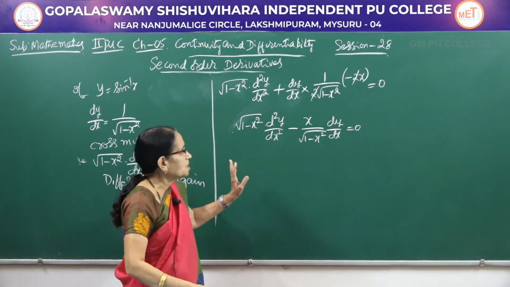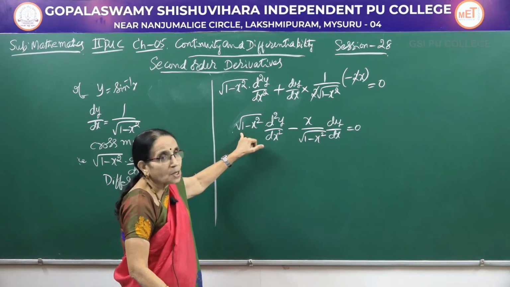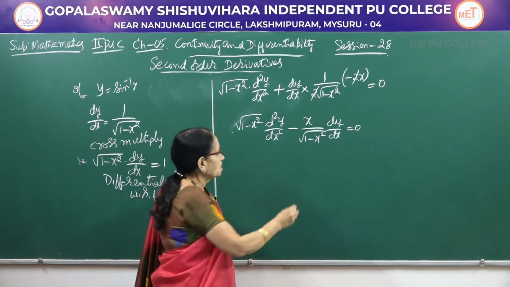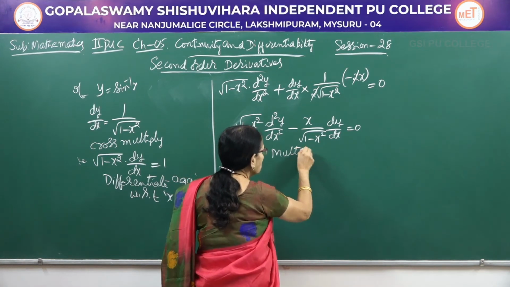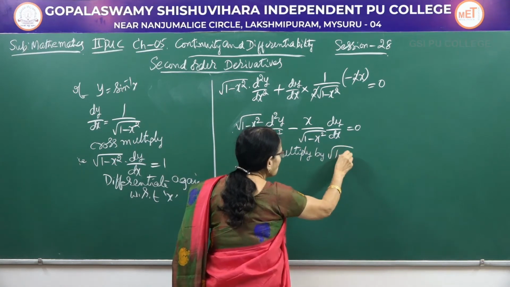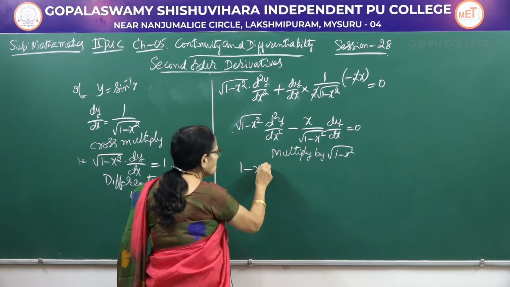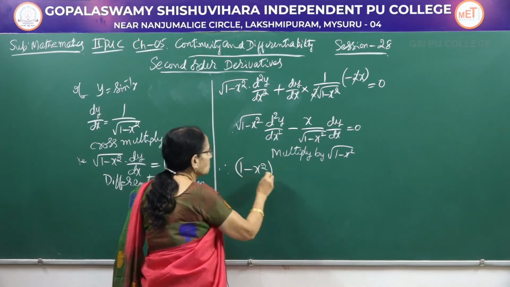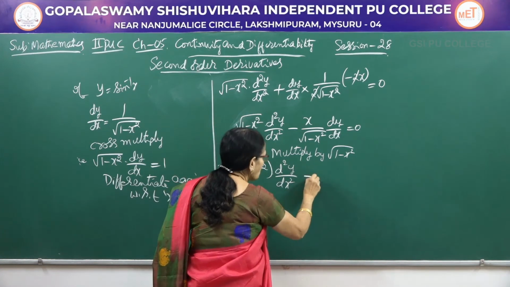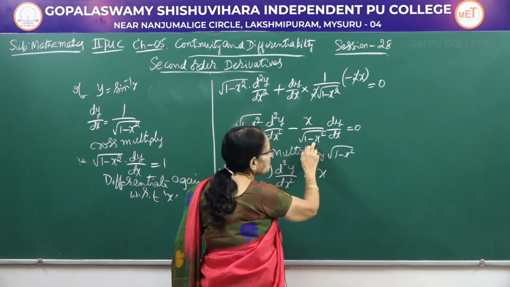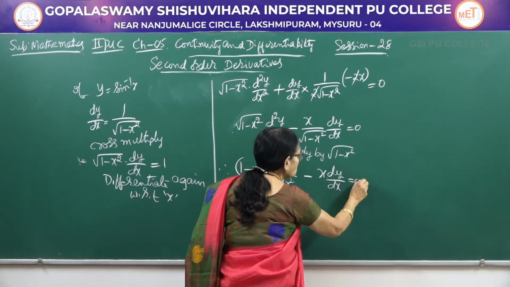You may see that the result we wanted had the term 1 minus x square, whereas we are having a root and this term was not there. Therefore, you do one more step here. Multiply by root of 1 minus x square. So, root and root get cancelled, hence we get 1 minus x square into d square y by dx square minus x, and when you multiply this gets cancelled, x into dy by dx is equal to 0.